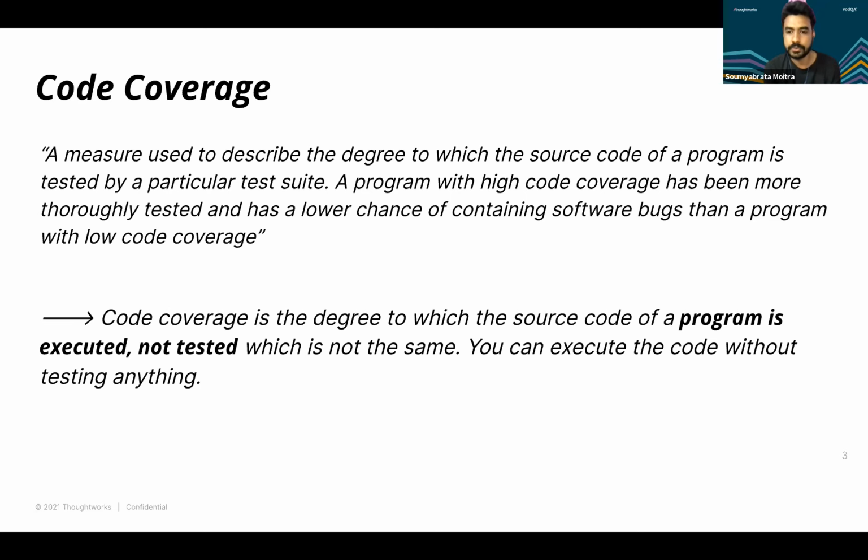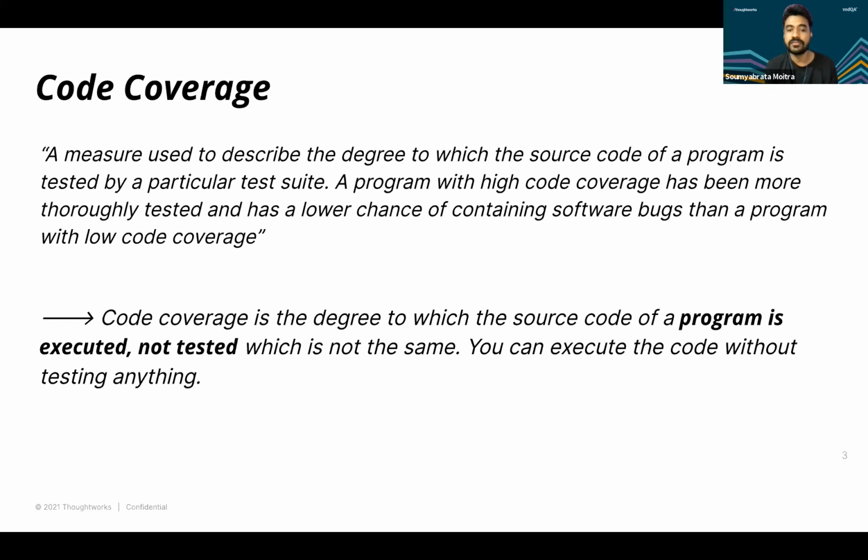What we are saying is that code coverage will tell you the degree to which the source code of your program is executed and not tested, right? To understand that, you can think of any code coverage tool like Jacoco. How does it work? It will run your unit tests against the source code, and it will keep track of each line of that source code, whether it has been hit at least once when your unit tests are executing.